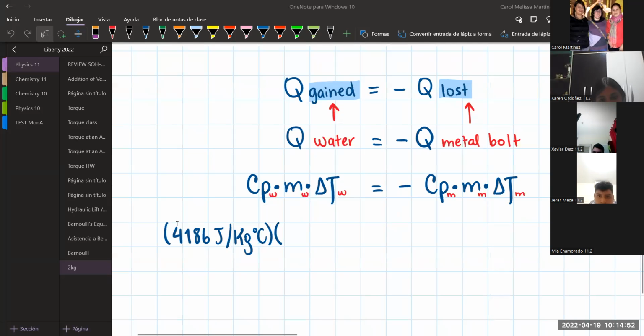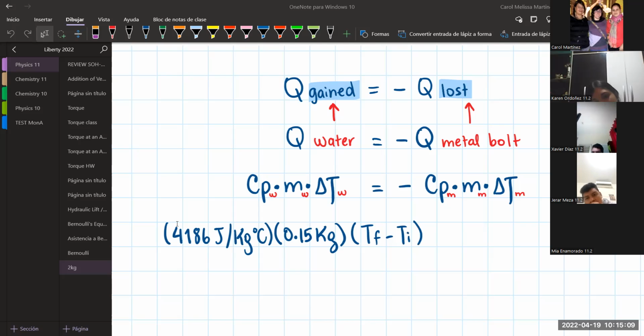The mass of water is 0.15 kilograms, and delta T of water, the change in temperature, remember that is final temperature minus initial temperature of the water, is equal to what I have on the other side.